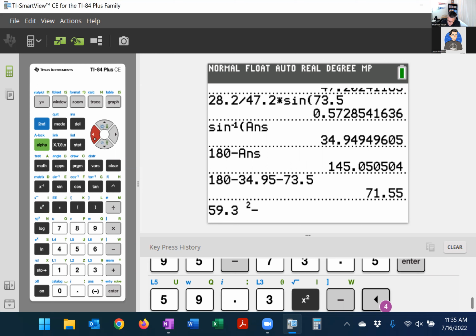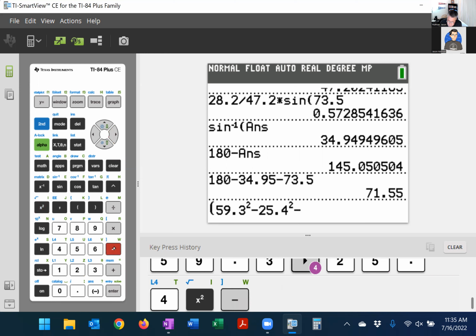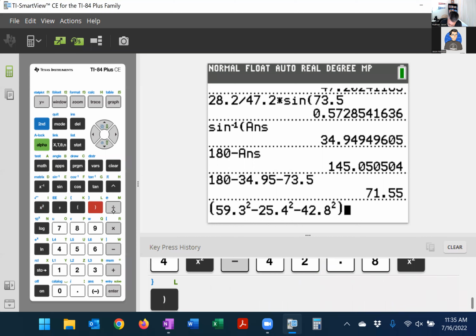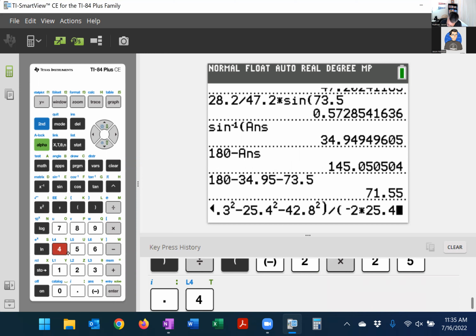I would do it in stages myself, but I'll do parentheses. 59.3 squared minus 25.4 squared minus 42.8 squared, close parentheses, divided by parentheses, negative 2 times 25.4 times 42.8.